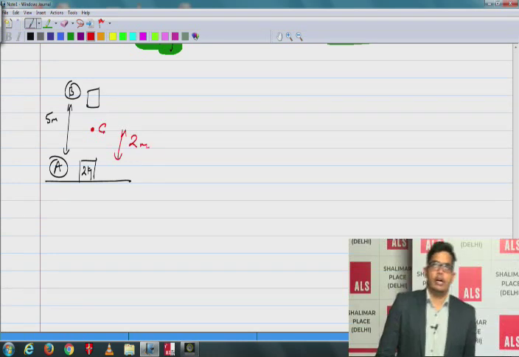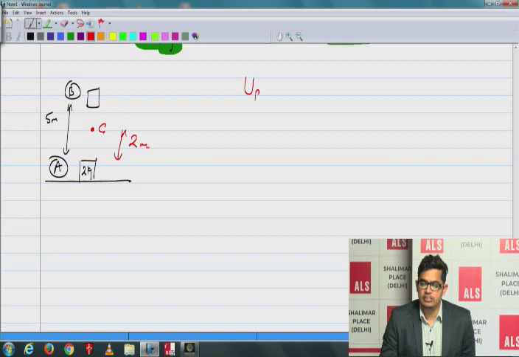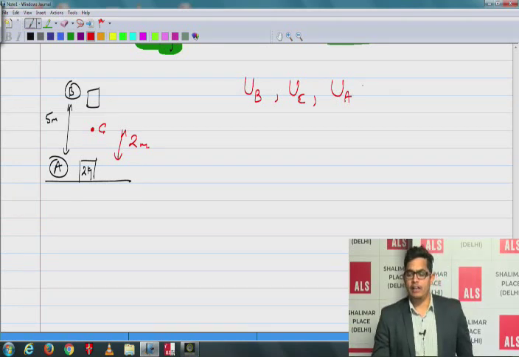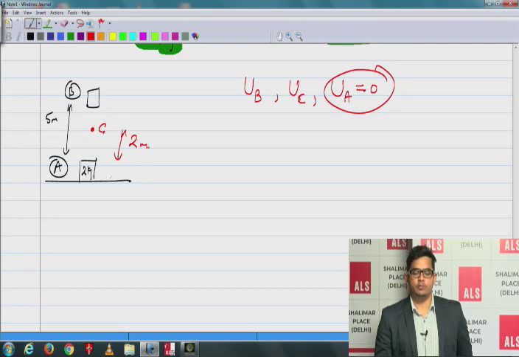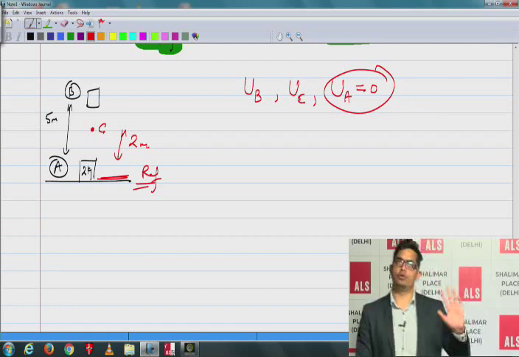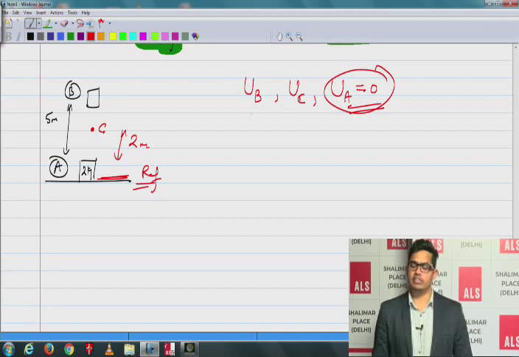If I want to calculate the potential energy at B, at C, and at A, individually we cannot do it. But let's say the potential energy at A is 0. I'm taking this position to be my reference. If you can assume this, then you can calculate the potential energy at B and C.